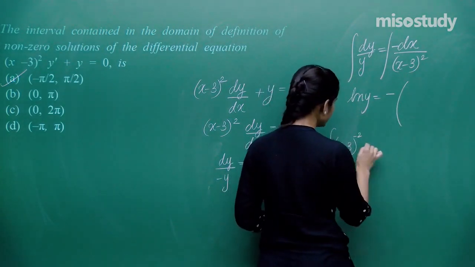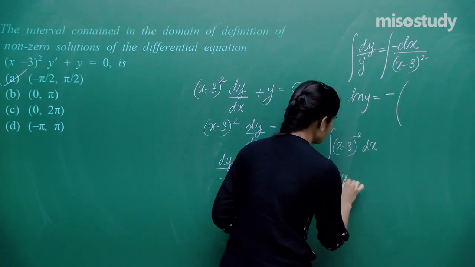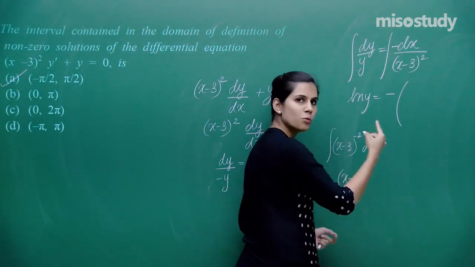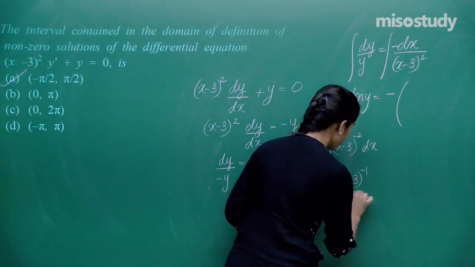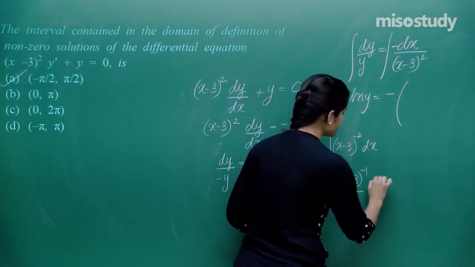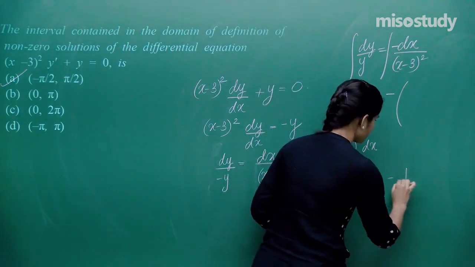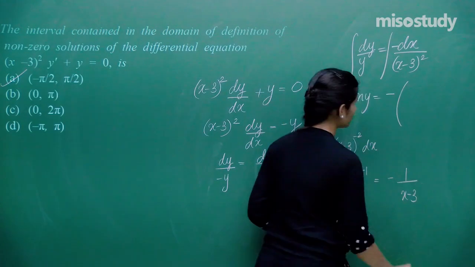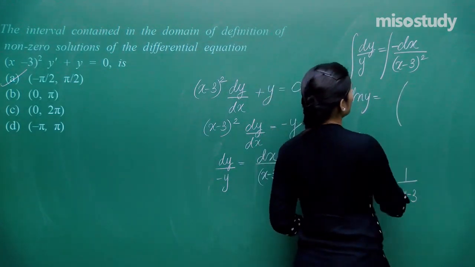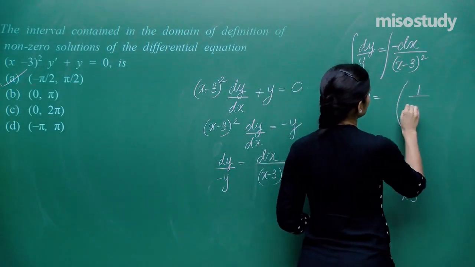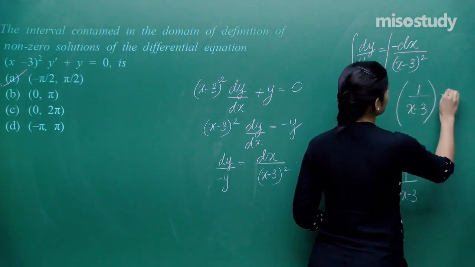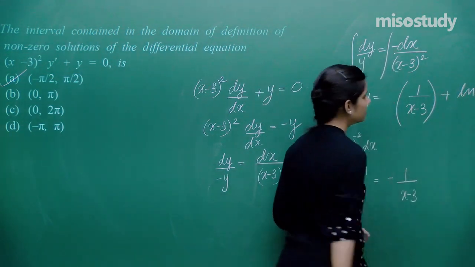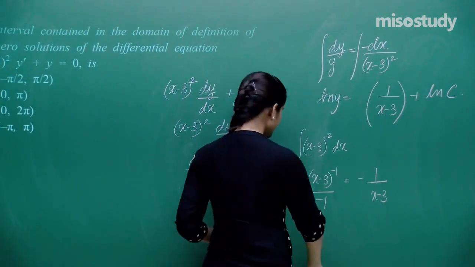Integration of this is (x minus 3) to the power minus 2 plus 1 upon minus 2 plus 1. So this gives you negative of 1 upon x minus 3. So negative of 1 upon x minus 3, plus ln c. I can add the constant as ln c, not a problem.